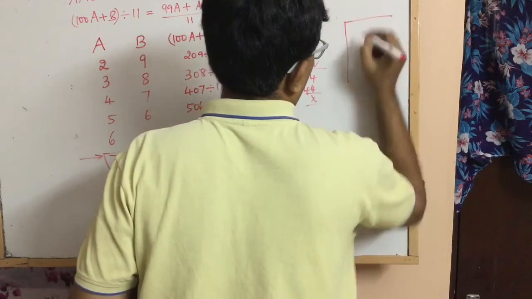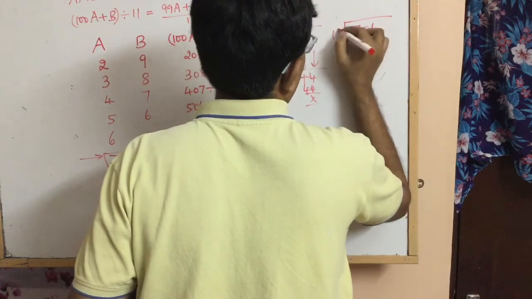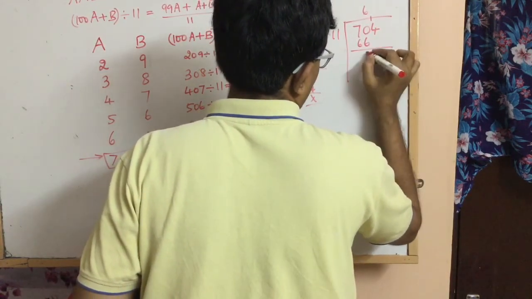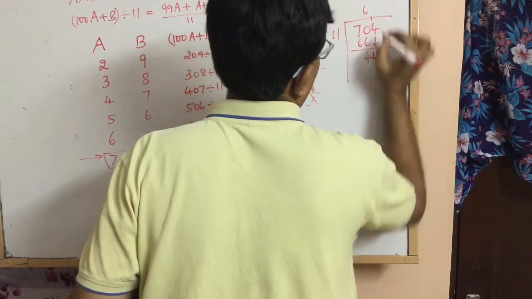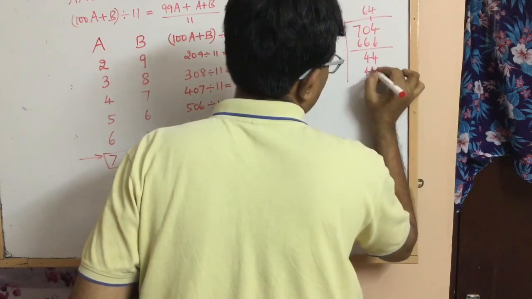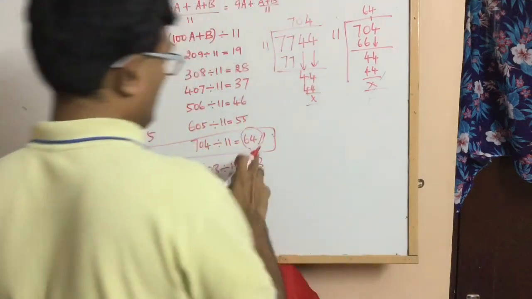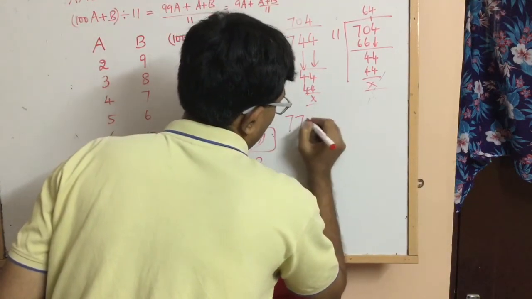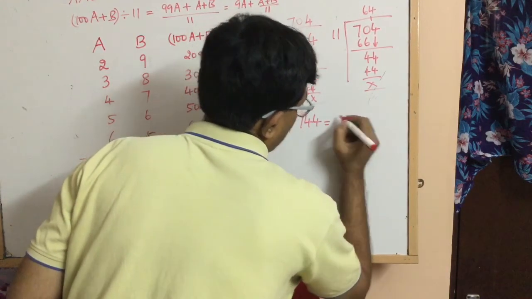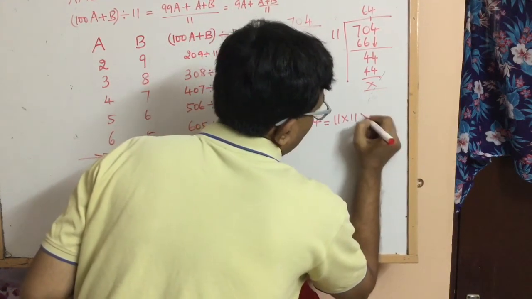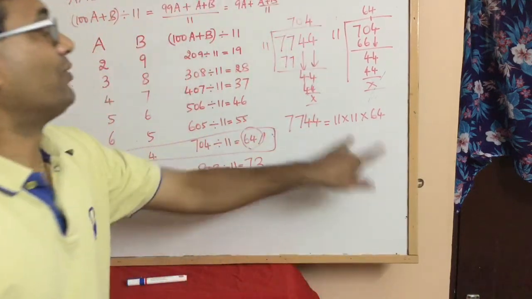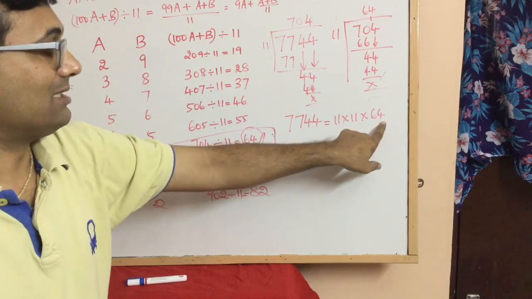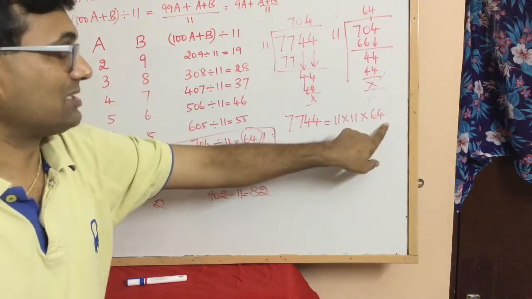Now 704 when divided by 11 gives 6, that'd be 66. The remainder is 4, 44. So the quotient would be 64, which is what we were expecting as per these calculations as well. So all that this goes to say is 7744 can be expressed as 11 into 11 into 64, because we are dividing by 11 twice, and then the quotient here is 64.